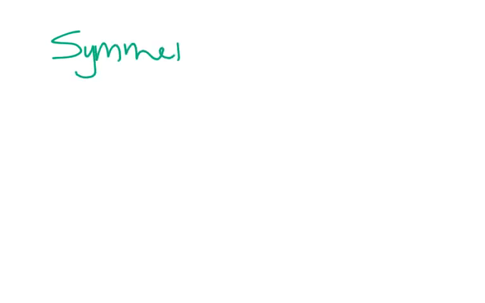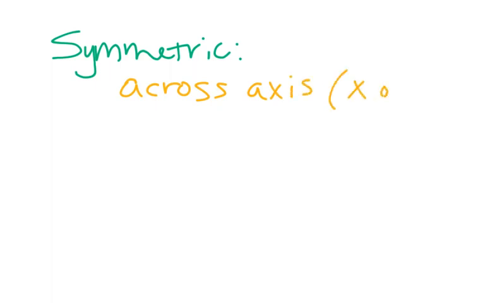And so you're going to look at a function and say, is this symmetric or not? And there are a few ways that something can be symmetric. They can be symmetric across an axis. And so you would want to make sure that you are saying it's across the x or the y axis, the up or down or the left or right axis there.